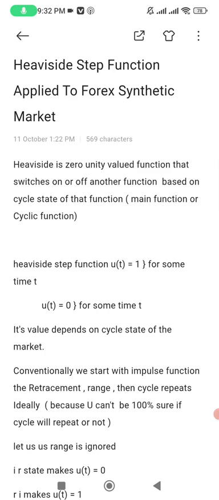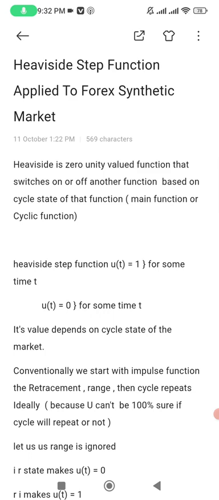We're going to deploy convolution principles. That means we are going to convolve the price function with another function. This function is going to be a switch. It's going to switch the state of the price movement.